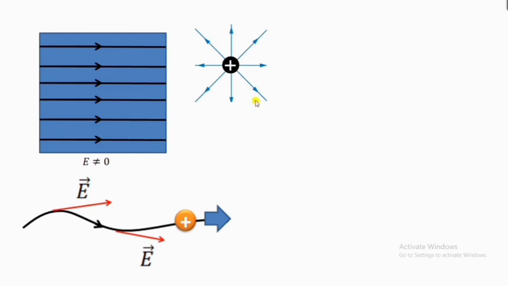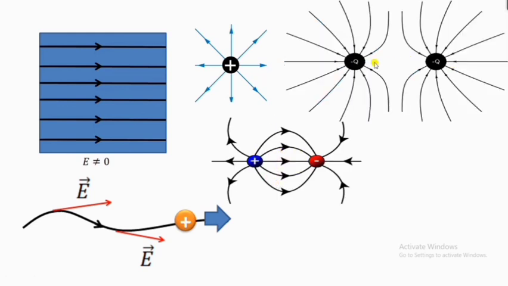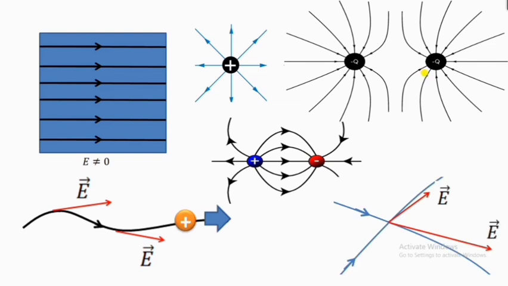And this is the electric field lines of a positive charge, this is for a negative charge. The only difference is the direction of the arrow. And this is electric field lines for a dipole, and this is for two negative charges, and for two positive charges only the direction of the arrow will be different, and they never cross each other.